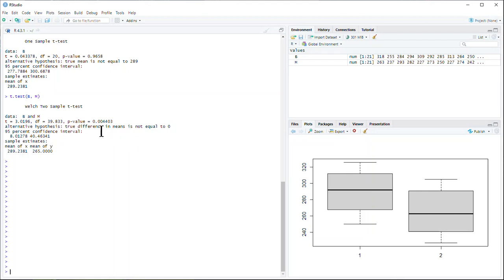And I have a p-value that's really small, 0.004 or 0.4%. So in other words, the probability that I get an error due to randomness is only 0.4%. That's really small. And if I'm willing to accept that risk, then I would conclude that there is a difference between the average weight of a Big Ten football player and the average weight of a MAC football player.